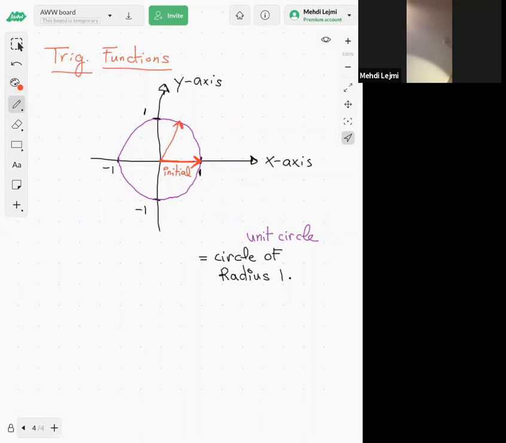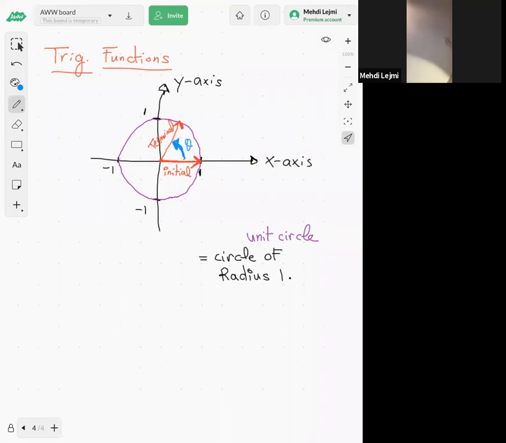As I said, you go from the initial side to the terminal side, you get an angle. So here I'm gonna get some angle. This is my angle theta.